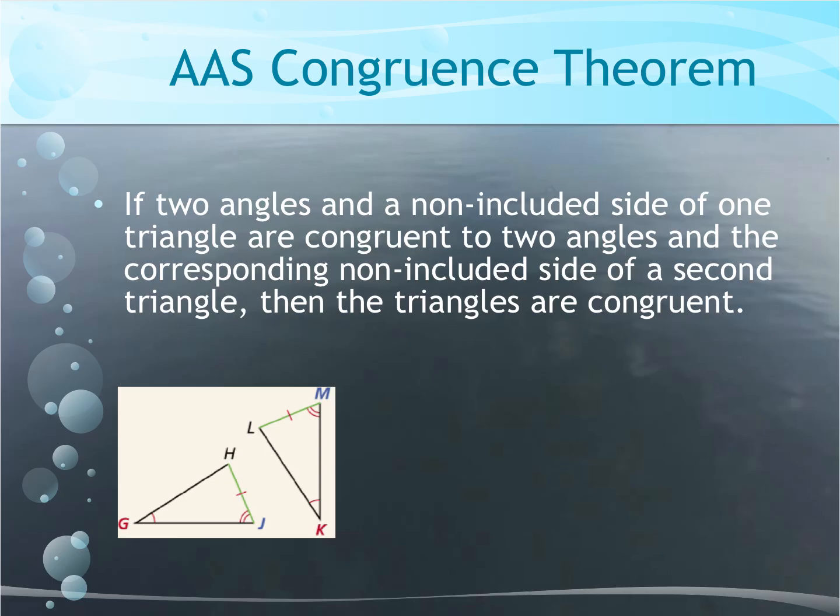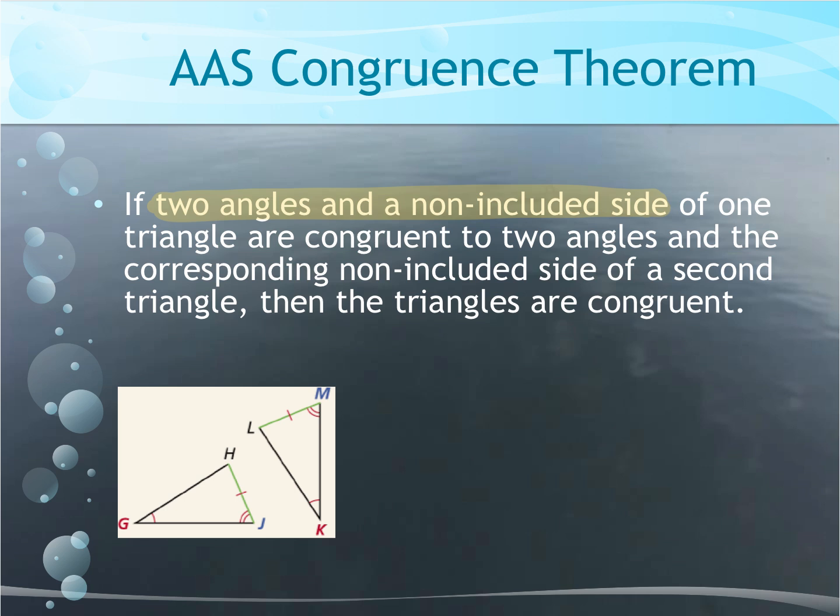All right, this one's angle angle side. With this one, you have two angles and the non-included side. So when you have two triangles that are congruent using two angles and the non-included side, then they are congruent.